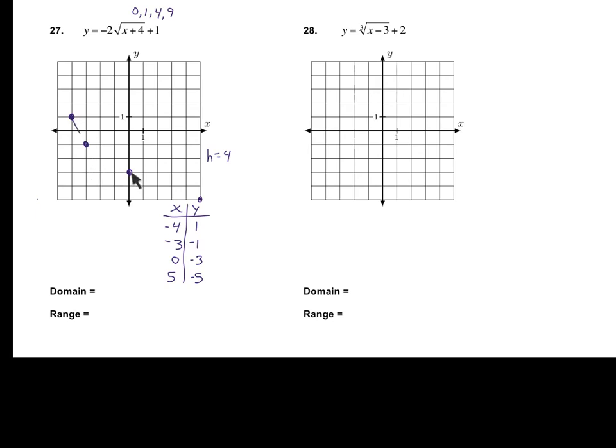It's going down 2 here, down 2 here. And so our graph is flipped. It's shifted over to the left 4 and up 1. Domain, -4 to infinity. Range now goes from -infinity to +1, since we start negative and go up.